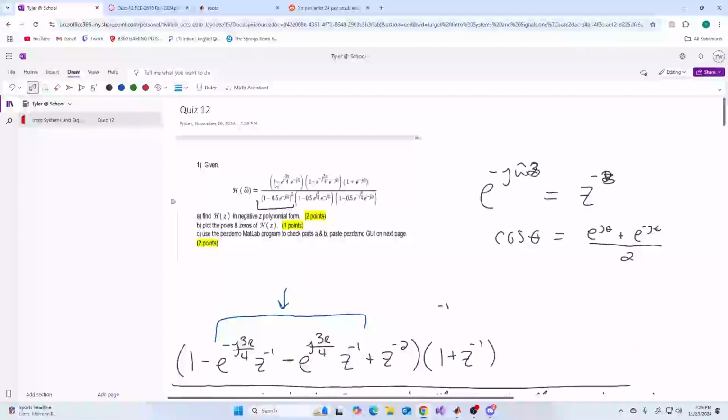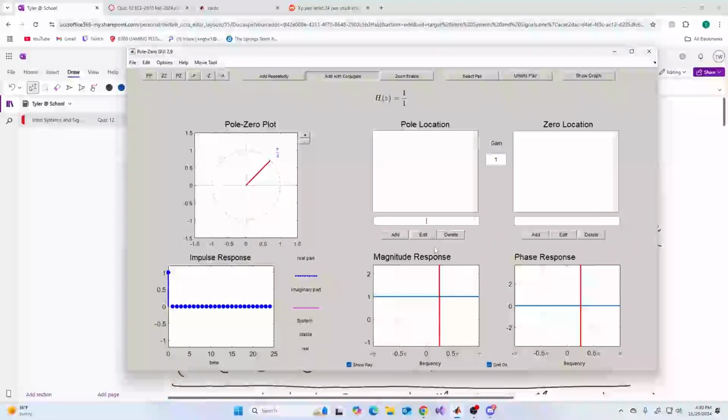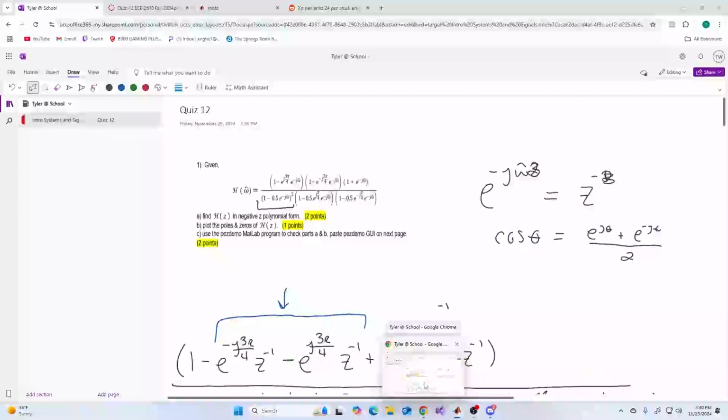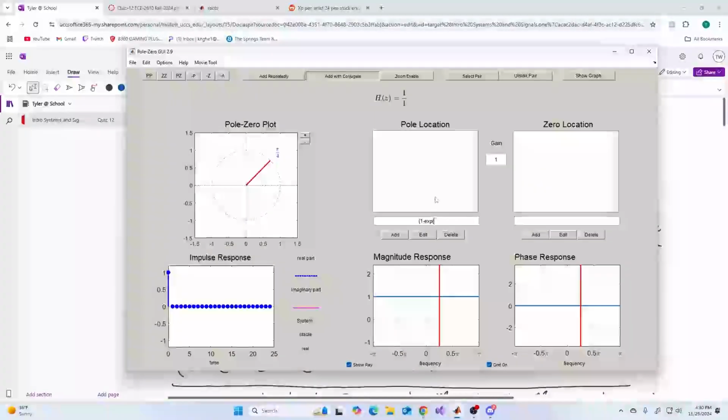So I have 1 minus e to the j 3 pi divided by 4. So I have 1 minus exponent, and in my exponent I have negative j 3 pi, times j times 3 times pi divided by 4. Let's make sure. I want to double check this. I don't want to mess it up.